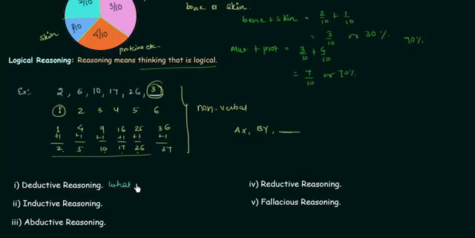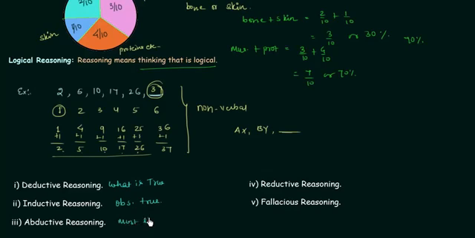In deductive reasoning, we have to find out what is true. In inductive reasoning we have to find out what is observably true. In the third type, abductive reasoning, we have to find out what is most likely true.